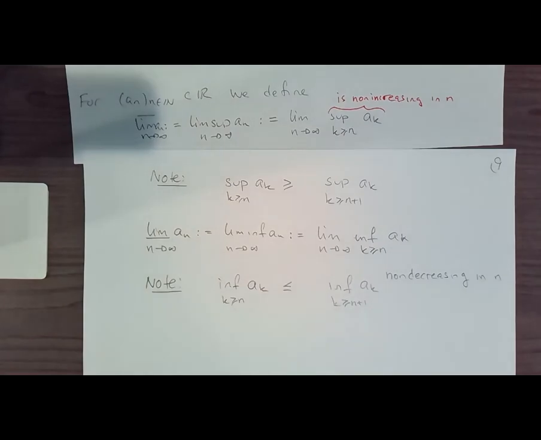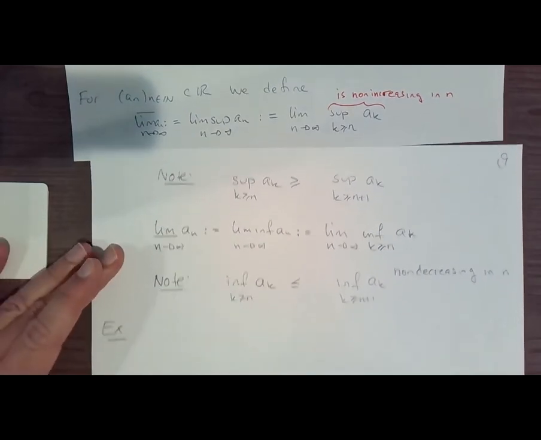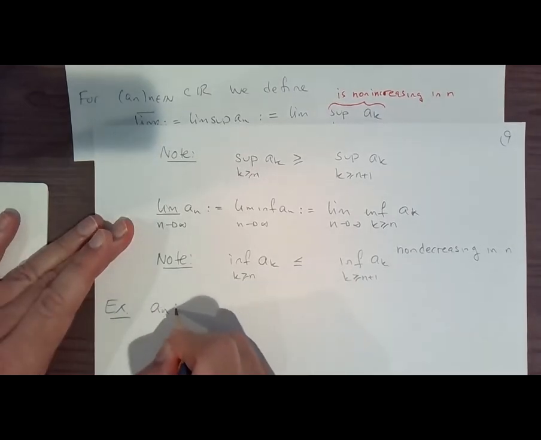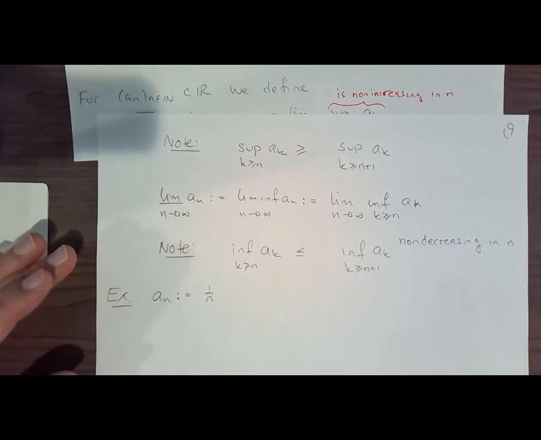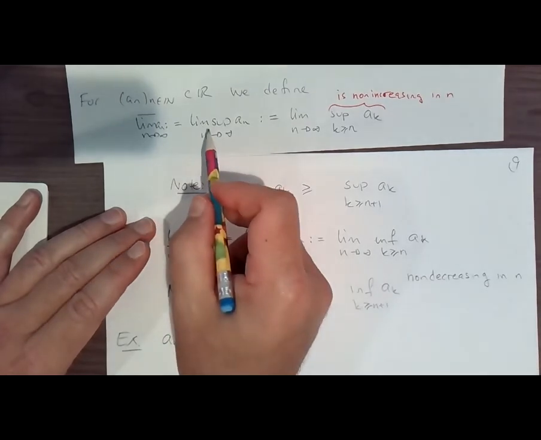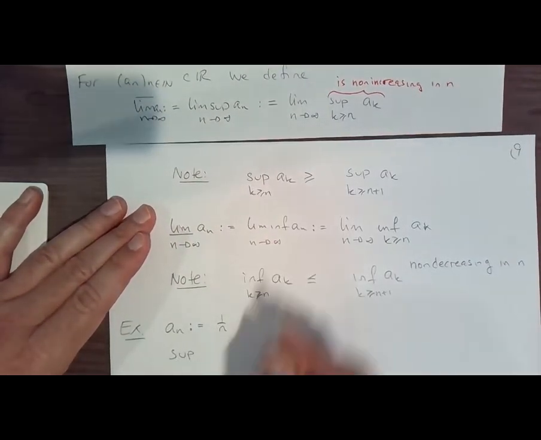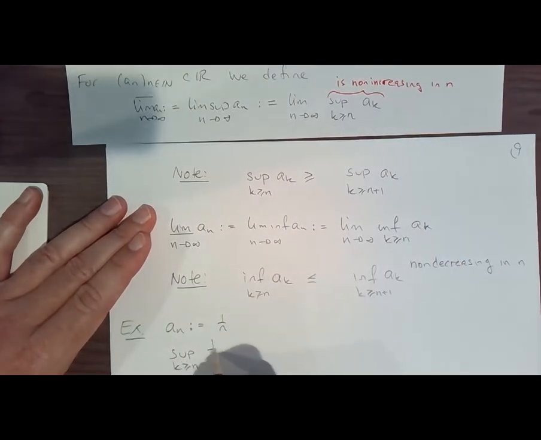I know most of you have not seen lim sup before, so maybe we should try a few examples. If we look at our friend from before, 1 over n, then for lim sup I need to compute the supremum over k bigger than n of 1 over k.